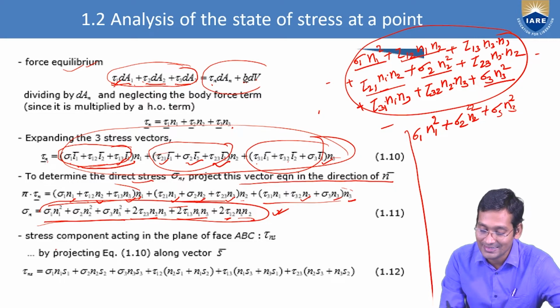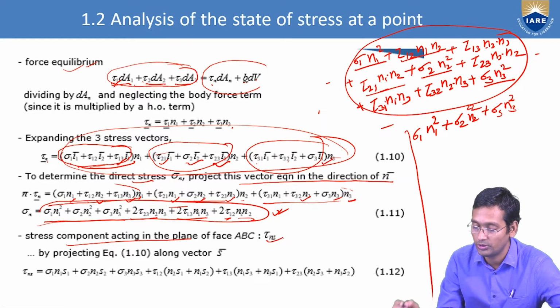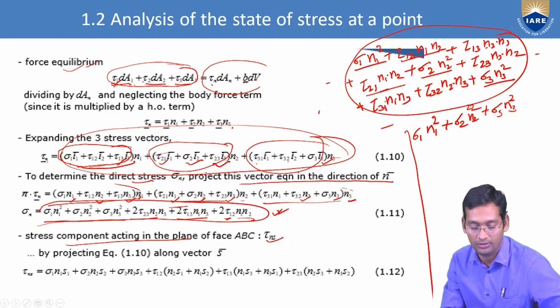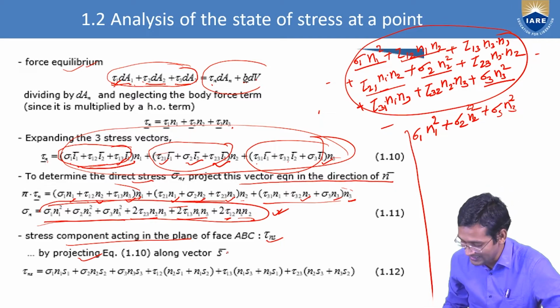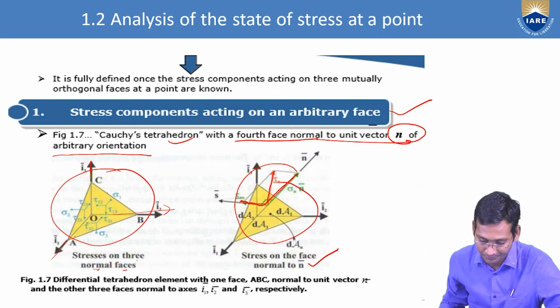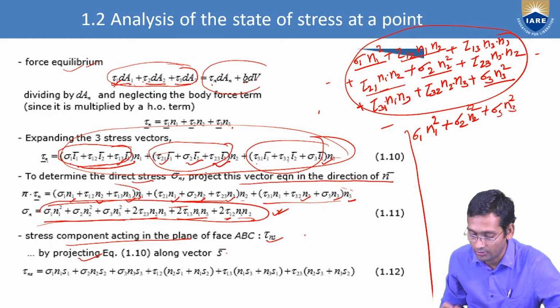Next, a stress component acting in the plane of face A, B, C. That is what? Tau over that surface A, right? So just see, again now, we project this one along the vector S. In this direction we are now projecting.